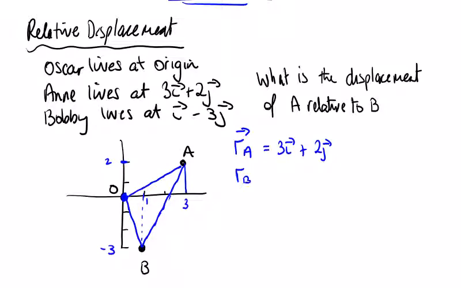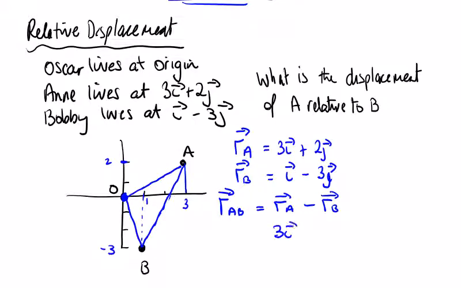The position of B relative to the origin is i minus 3j. So the relative position of A relative to B is equal to the position of A minus the position of B, which is 3i plus 2j minus i plus 3j, which, as we said, the difference in the i was 2 and the difference in the j was 5.